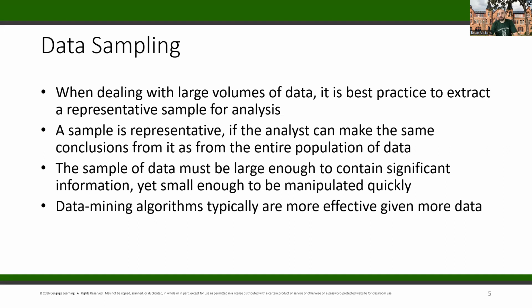It needs to be large enough that you're going to get something of significance, but small enough that it's workable, right? We're not going to have a million people in our data set and have a million lines in Excel. But we might have a few hundred, and then we use that to make inferences on the entire population.